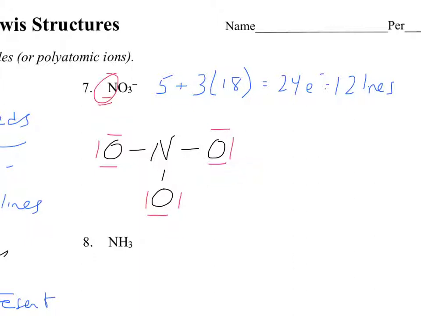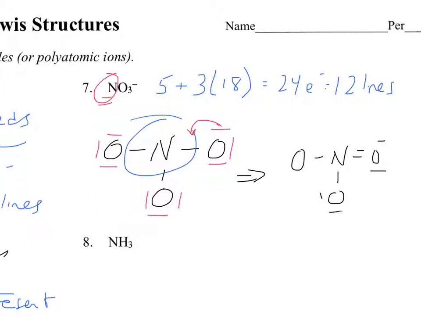Let me erase that. The nitrogen doesn't have enough lines around it, so I'm going to move this into the unshared, into the bonding position, resulting in, of course, oxygen, nitrogen, oxygen, double bonded, 2 unshared pair, oxygen, and the oxygen remaining.